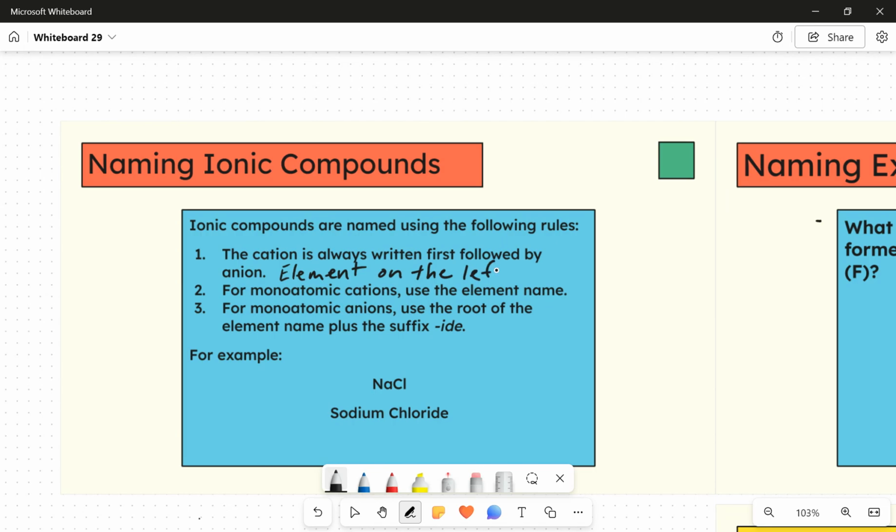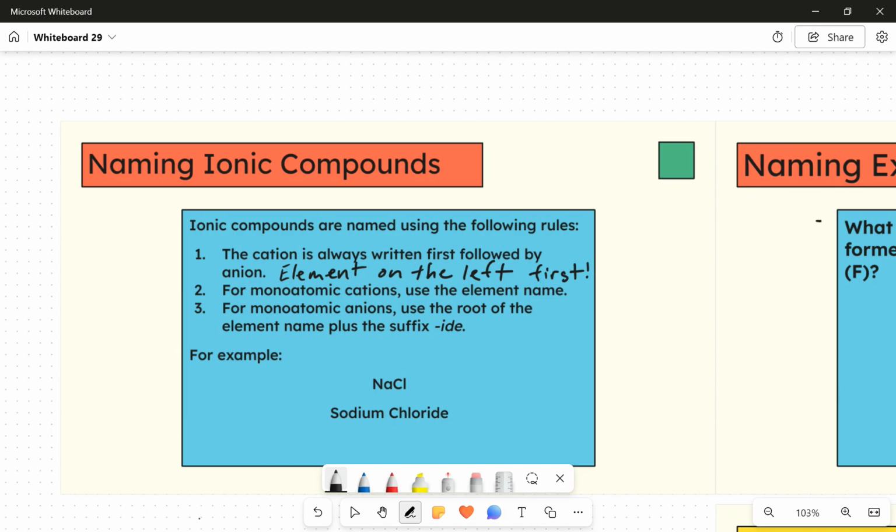Whichever element is closer to the left side of the periodic table is the one that's going to be written first. And that's because cations tend to be on the left side of the periodic table.